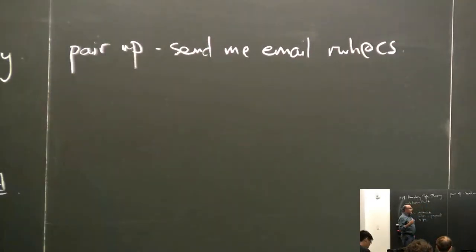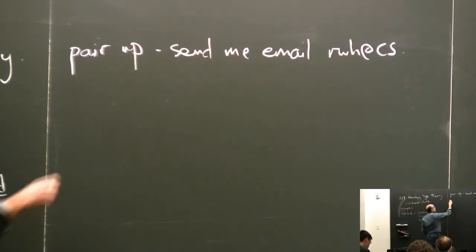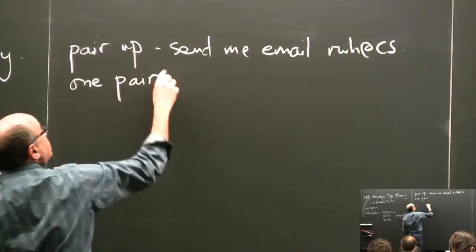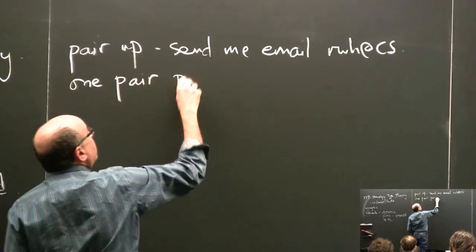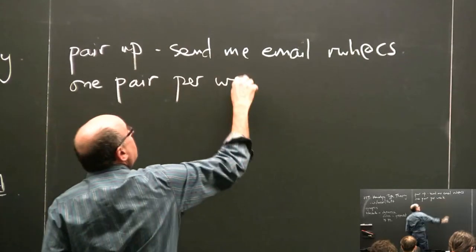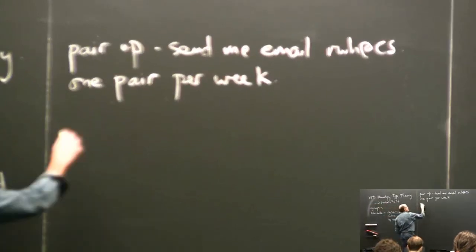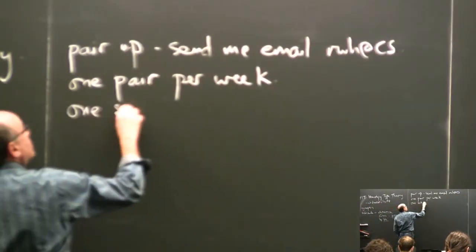I want to have 1 pair per week. It seems to work best with pairs. It's sort of like pair programming, and it helps with the workload. So it's 1 pair per week, and it'll be one set of course notes per week.